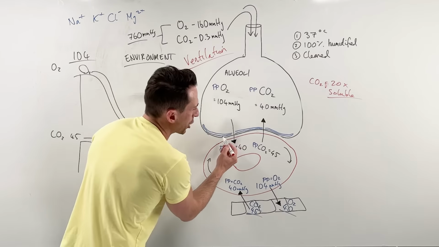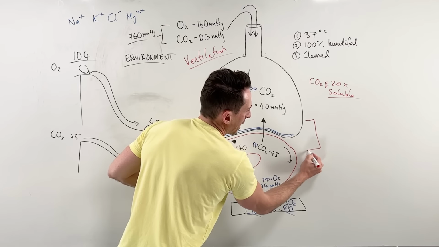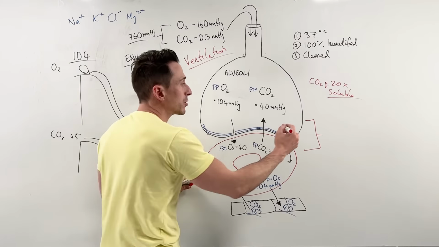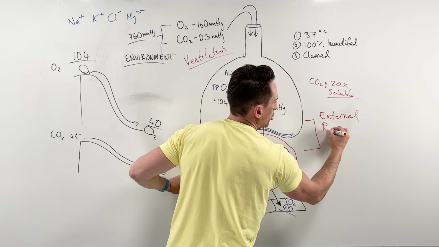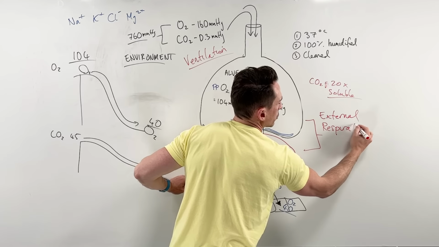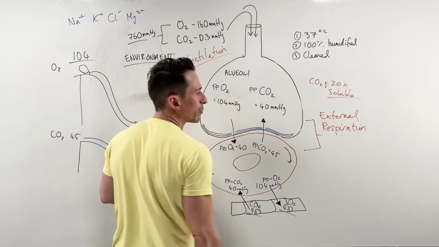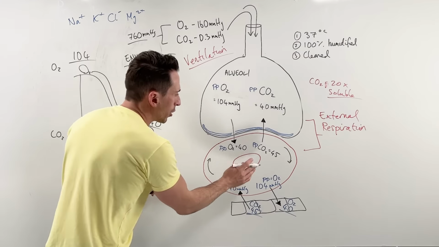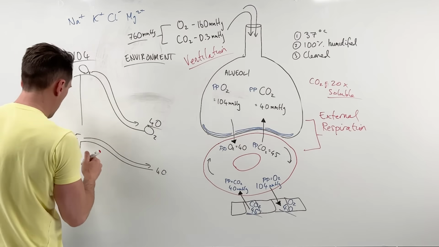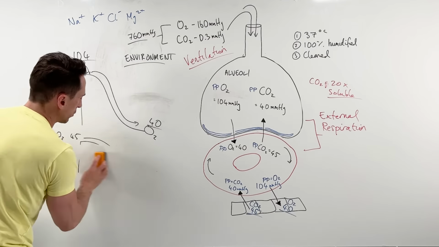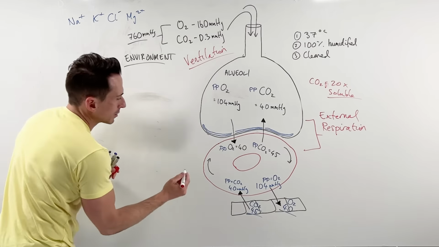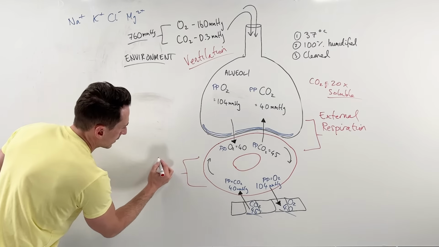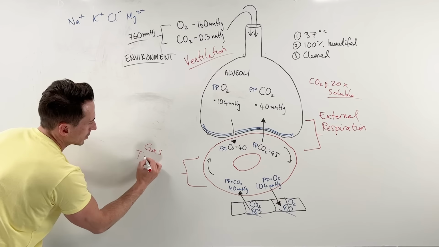Then we've got the exchange of gases here at the respiratory membrane. This is called external respiration. Then we've got gas transport happening here. And that's exactly what it's called. It's called gas transport, right? So this part is gas transport.